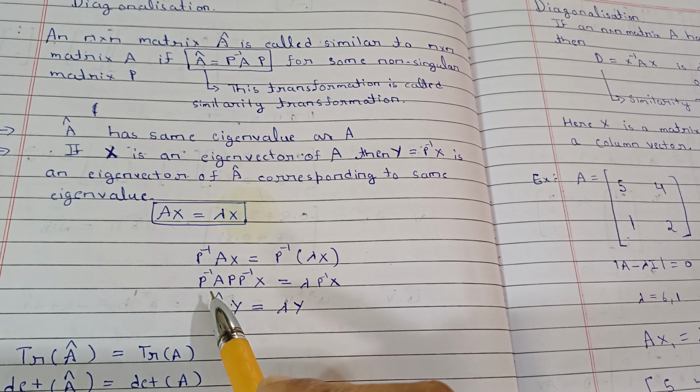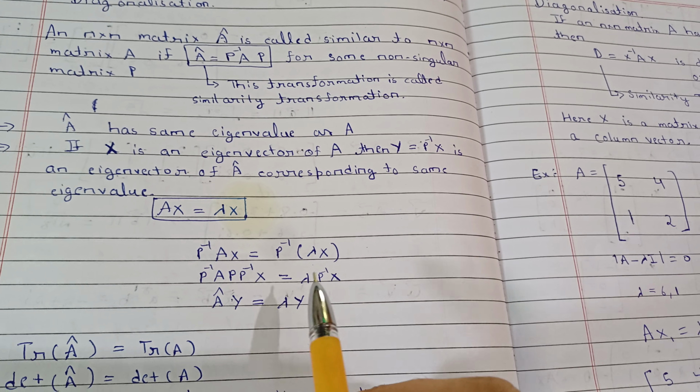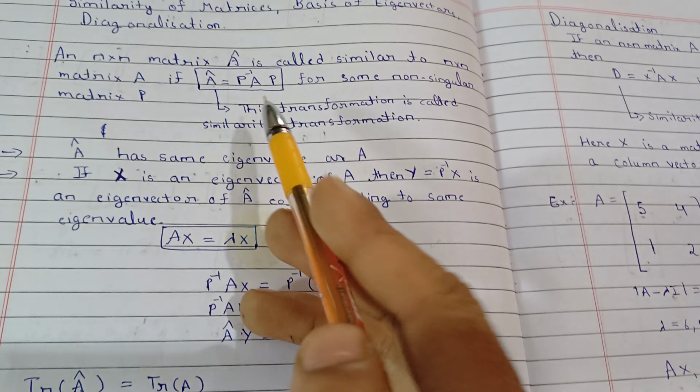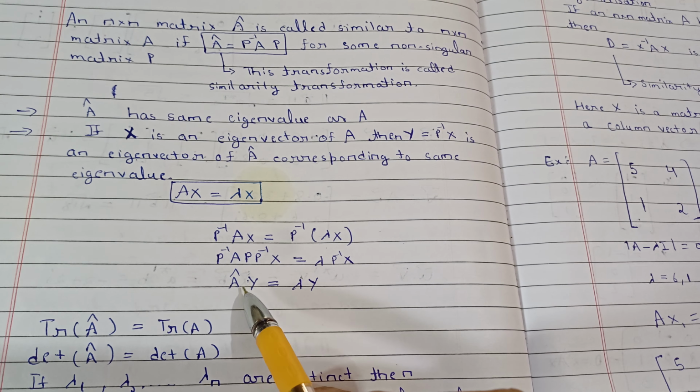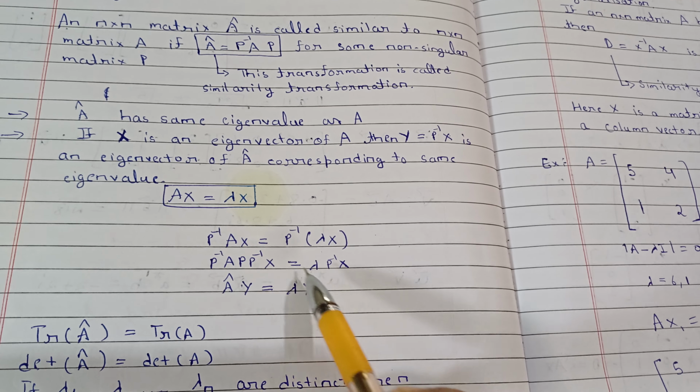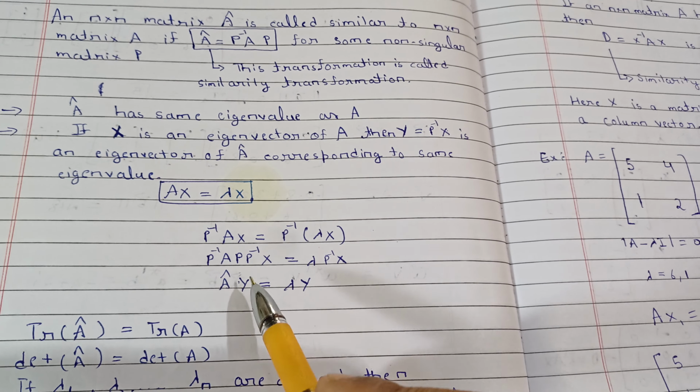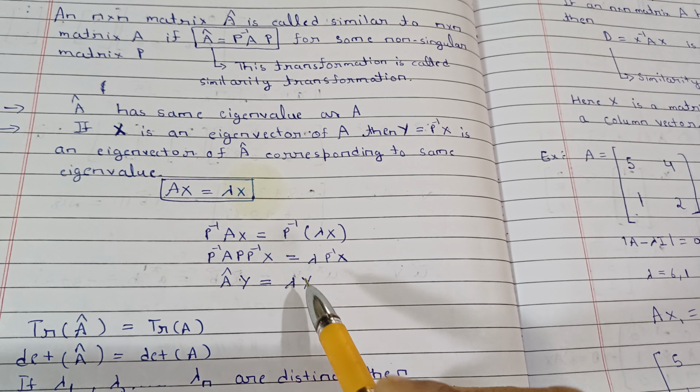What is P inverse A P? This is A cap. So we get A cap P inverse x. Now we write P inverse x as y, so you get this equation: A cap y equal to lambda y.